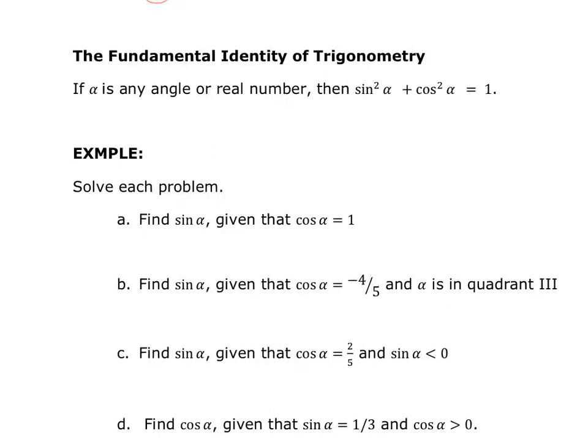If I take a look at A, I'm asked to find the sine of alpha. I don't even need to know what the angle is, I just want the answer. If I use this formula right here, I can find sine squared, and then I just have to take the square root of it. So the sine squared of alpha, plus, I replace the cosine of alpha, which equals 1.